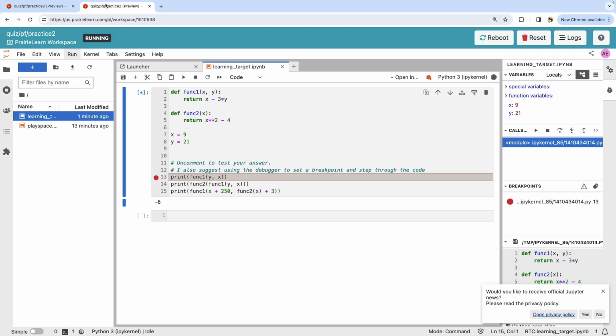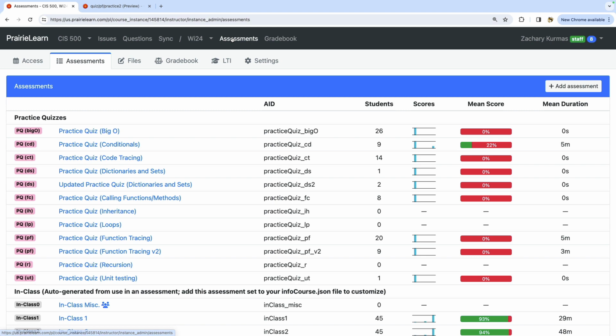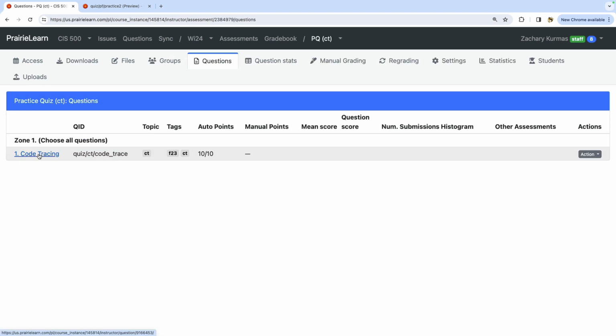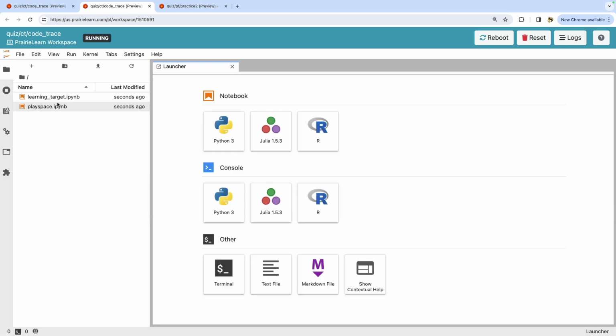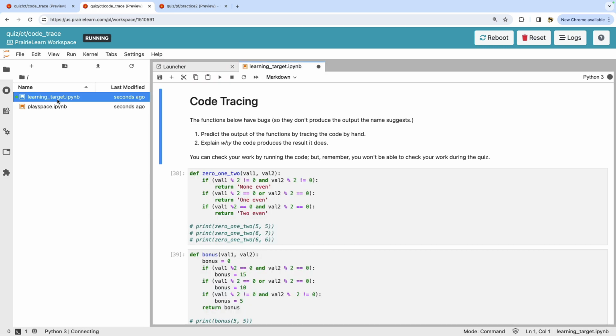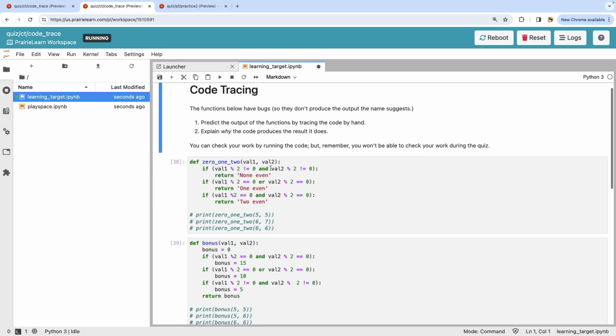Oh, and I should mention that there will be a new question on the quiz. We'll try to do a new question every week. And if you go to the code tracing practice quiz here and open the workspace, the idea will be similar to the functions, but this time the functions will have if statements in them.